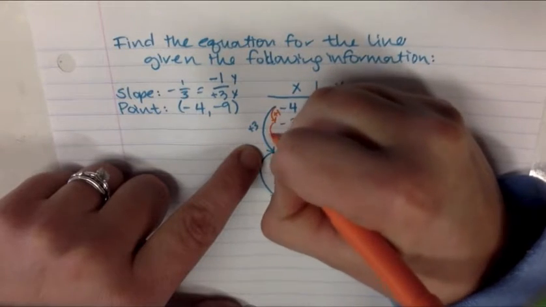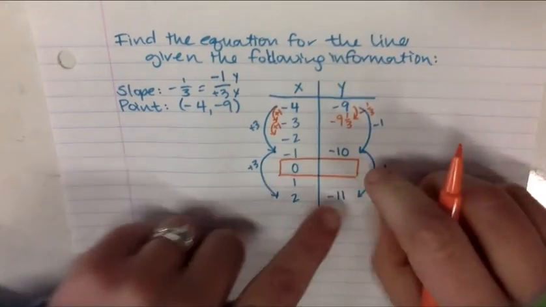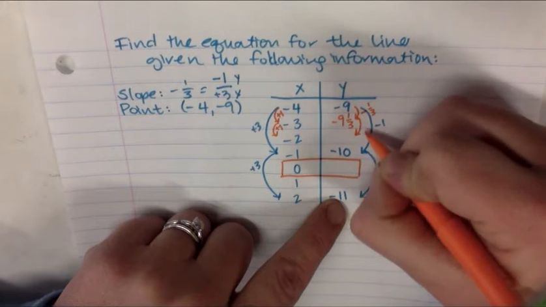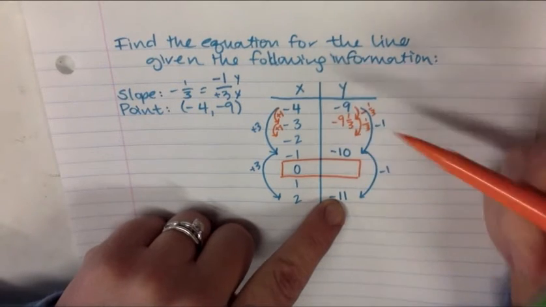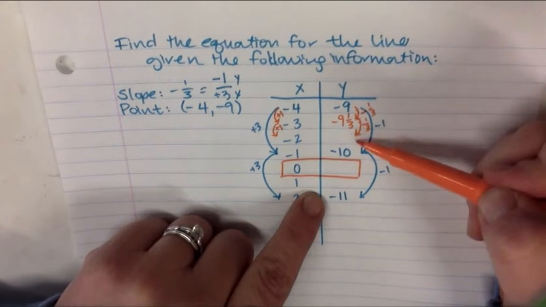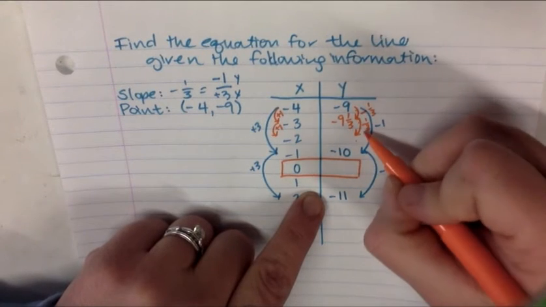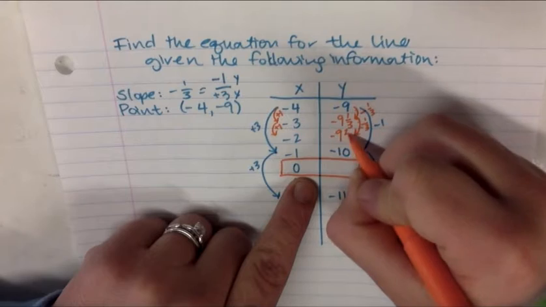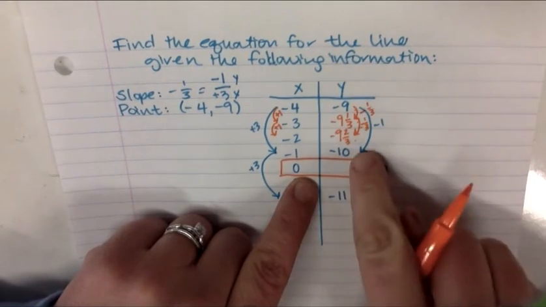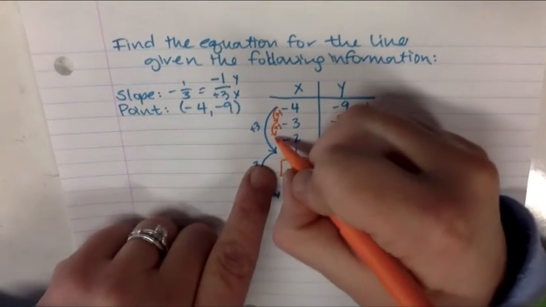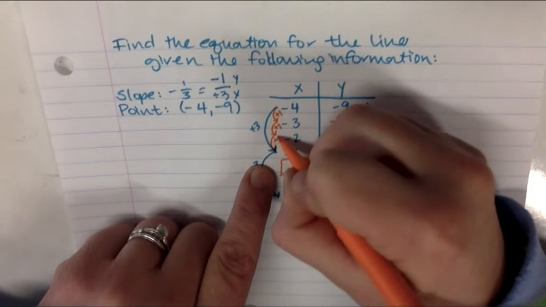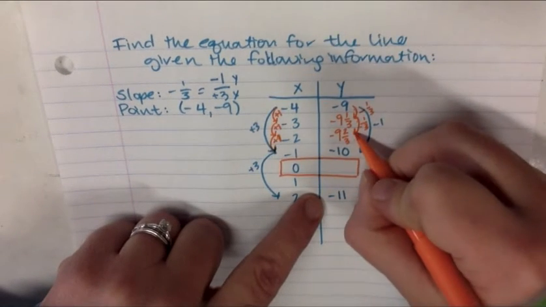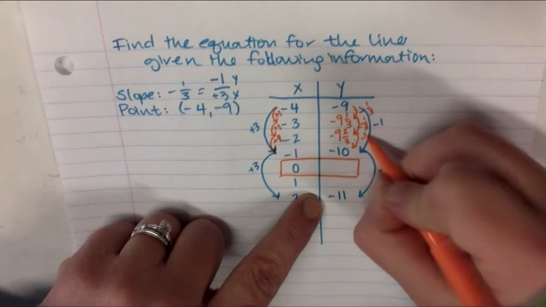If I increase by 1, I'm going to decrease by 1/3, mainly because I need 3 steps in here to equal 1. So if I subtract 1/3 each time, I'm going to slowly get to that 1 point. So if I then increase by 1, I am decreasing by 1/3.